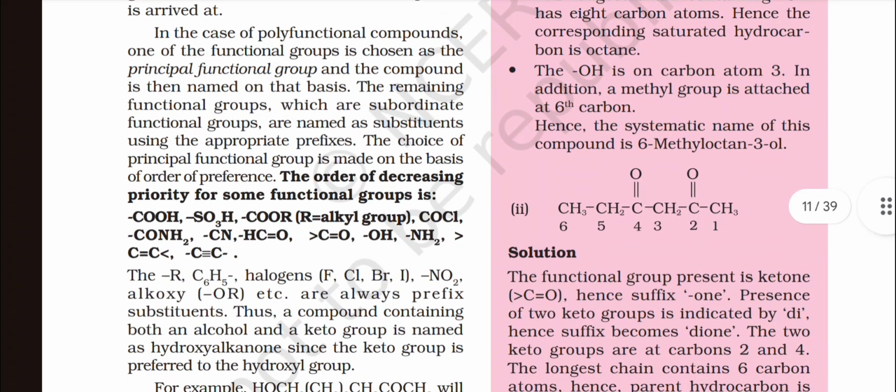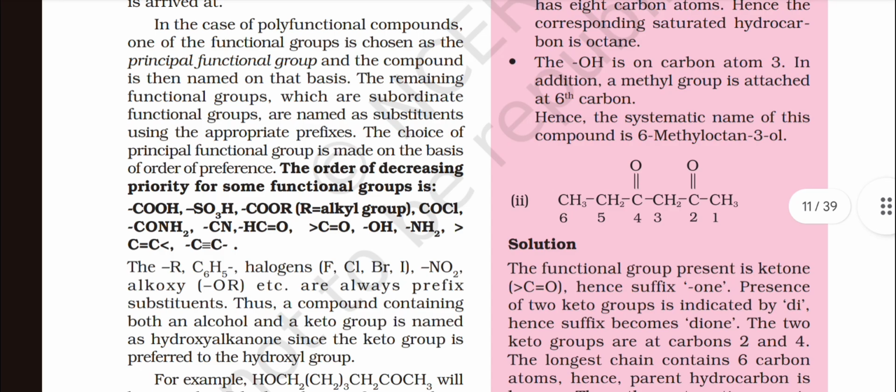In the case of polyfunctional compounds, one of the functional groups is chosen as the principal functional group and the compound is then named on that basis. The remaining functional groups, which are subordinate functional groups, are named as substituents using the appropriate prefix. The choice of principal functional group is made on the basis of order of preference.